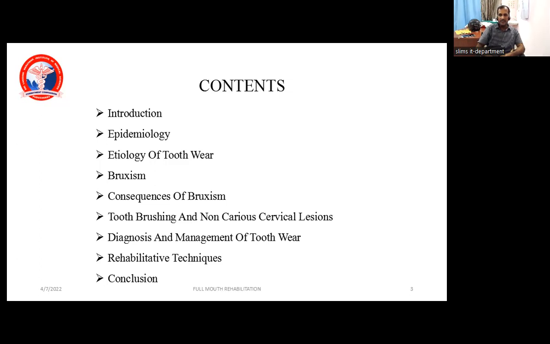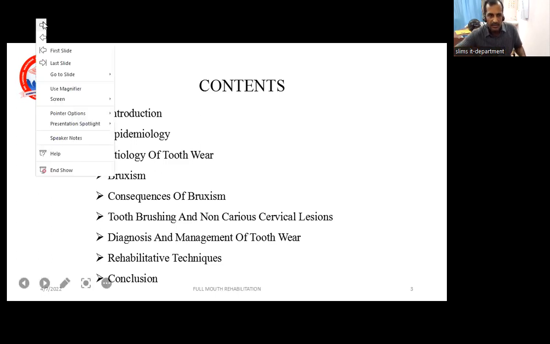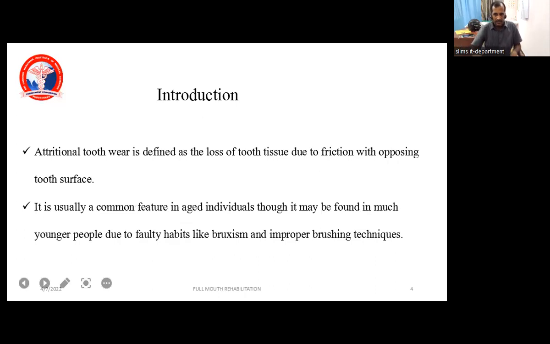The next heading will be diagnosis and management. How do you really manage tooth wear? The various rehabilitative techniques that are in clinical practice. In the entire session, I'll enlighten you about the changes that take place.